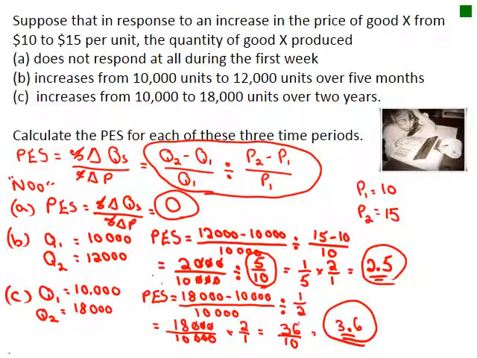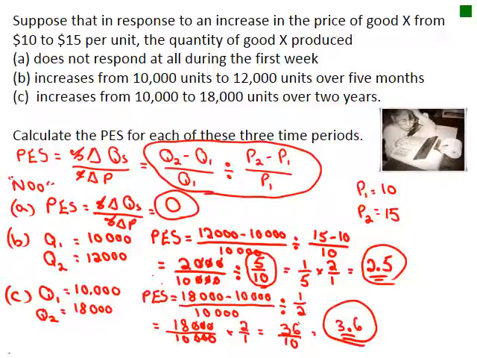All right. Let's look at calculating the price elasticity of supply for each of these 3 time periods. Now, we have been told that price elasticity of supply will become more elastic the longer the time frame. So let's see if these numbers play out to be the case. So we want PES, it's going to equal percentage change in quantity supplied over percentage change in price.